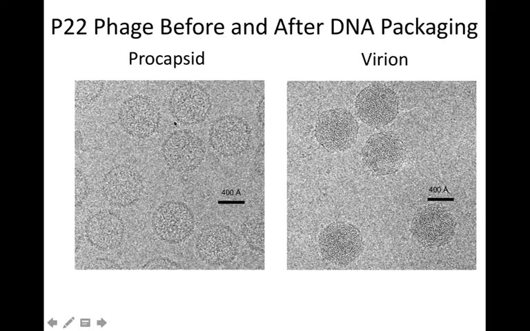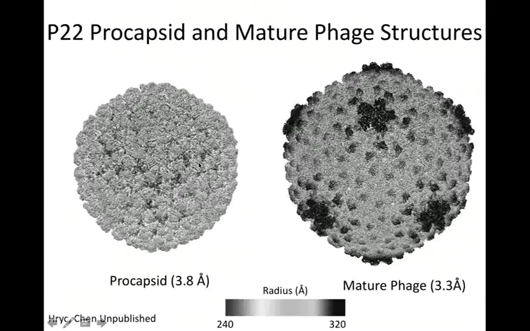So using a similar method to the one I described for the mature virion, we solved the structure of the procapsid at 3.8 angstrom, slightly lower resolution than the mature phage I talked about a while ago.